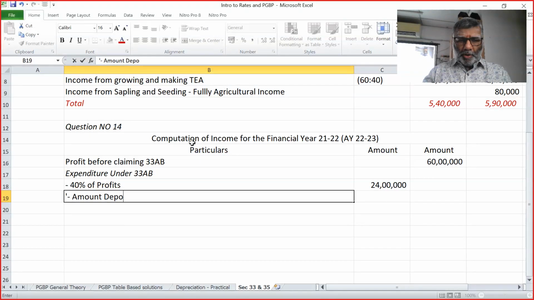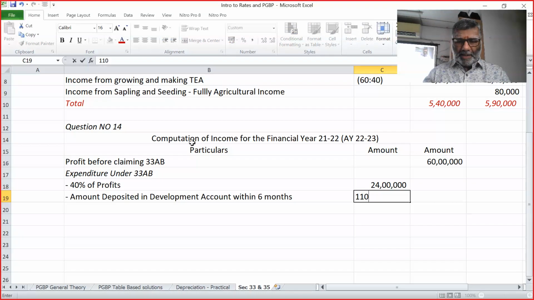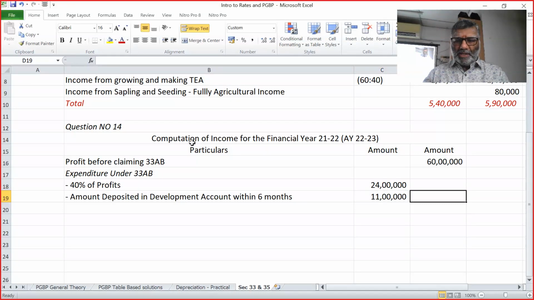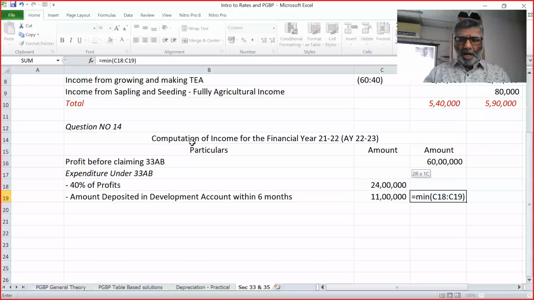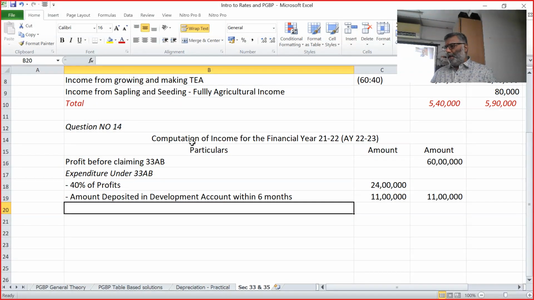Amount deposited in development account within 6 months, 11 lakhs. Whichever is less is allowed as a deduction.